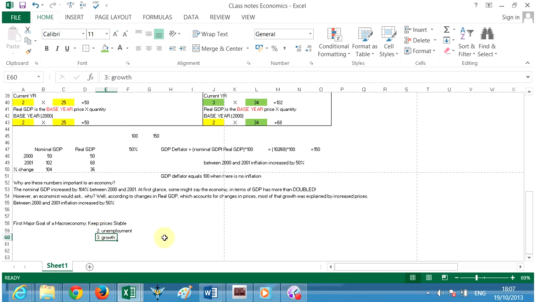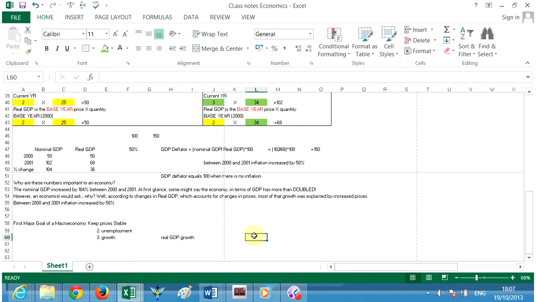And growth, of course, is talking about real GDP growth. We want to make sure that our real GDP is growing and not our nominal GDP, because the real GDP tells the complete picture of the economy and not just based on inflation. It takes into account inflation.